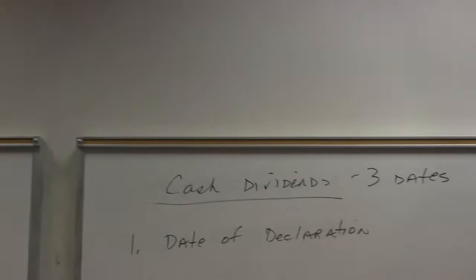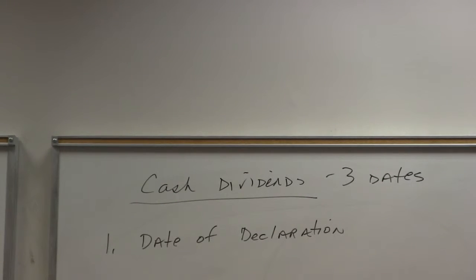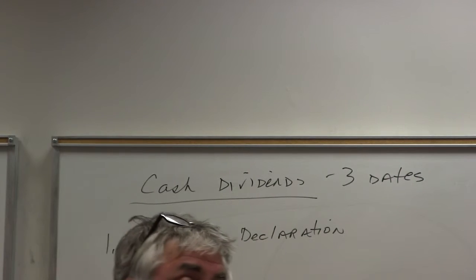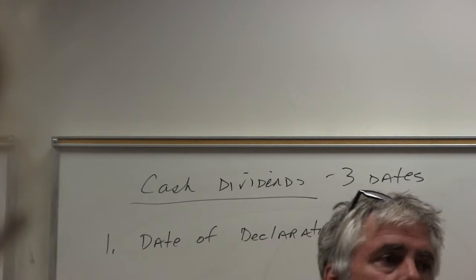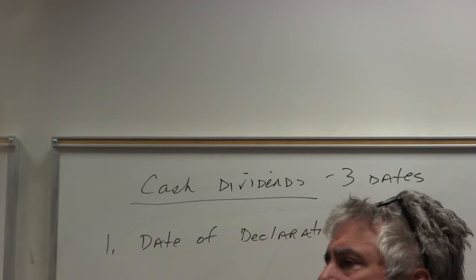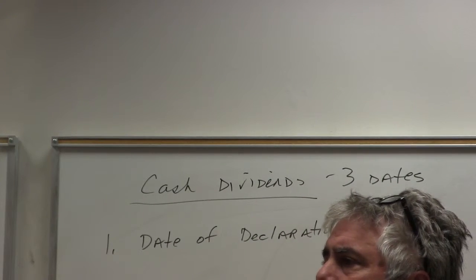A dividend is a very formal thing. The board of directors have to declare a dividend, so the board of directors of Coca-Cola would have to say, what is today, November 9th? We want to pay a 10 cents per share dividend.